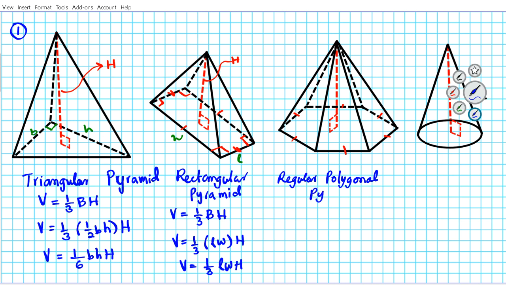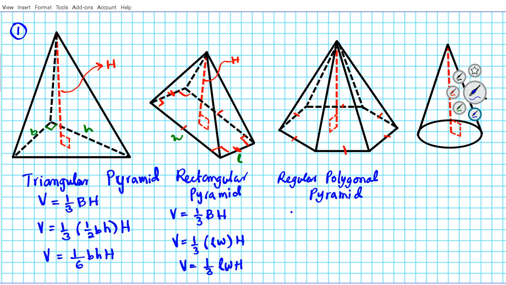So this is a general formula that we can use for all pyramids where the base is a regular polygon. It could be an equilateral triangle, a square, a pentagon, a regular hexagon, and it goes on and on. All right, so what's the formula for the volume in that general case?